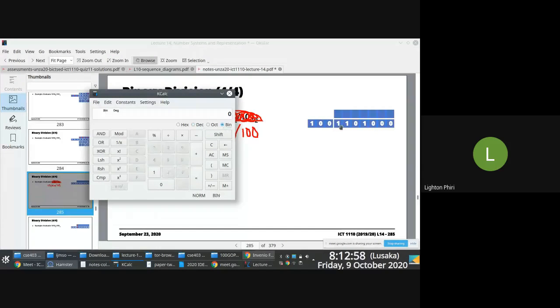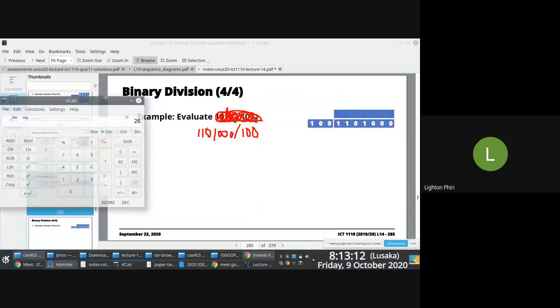And in fact, once we evaluate this, 1101000 divided by 100 should be able to give us this number here. I guess it's 26. Okay, 26. Let's see. 110123 in decimal.